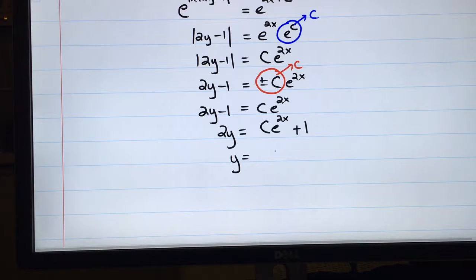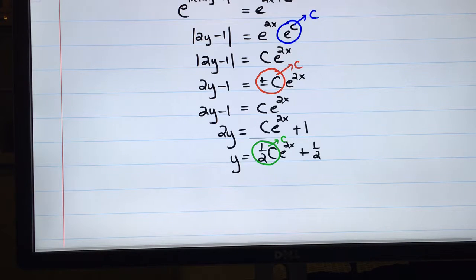And so for this particular case, I have y is equal to 1/2 of c times e to the 2x plus 1/2. Now you can keep the 1/2 at the front, but I just want to mention constant times a constant is still a constant.